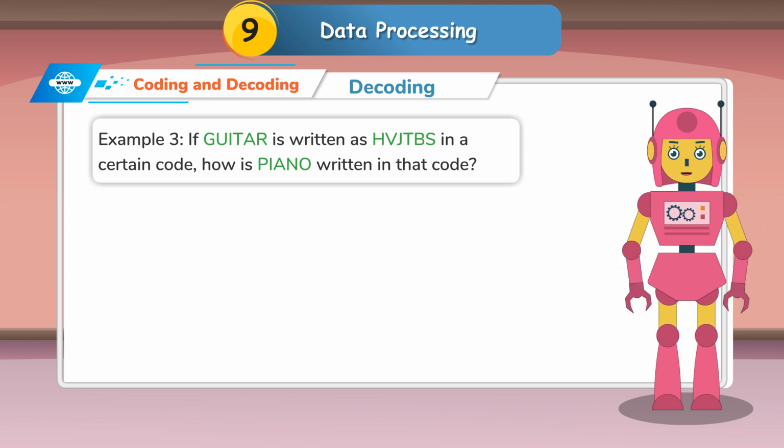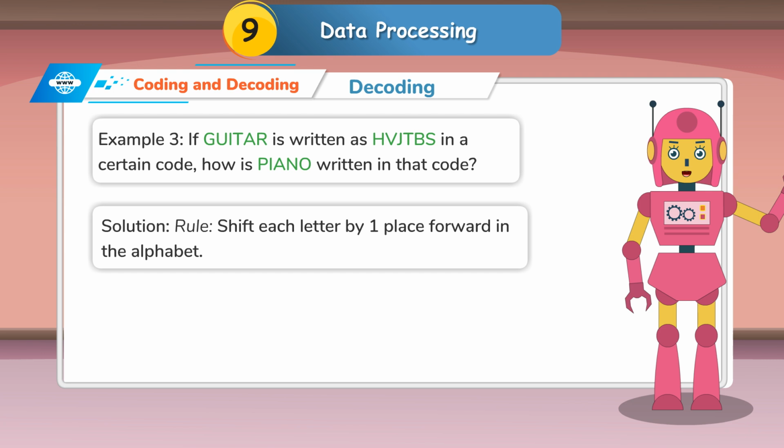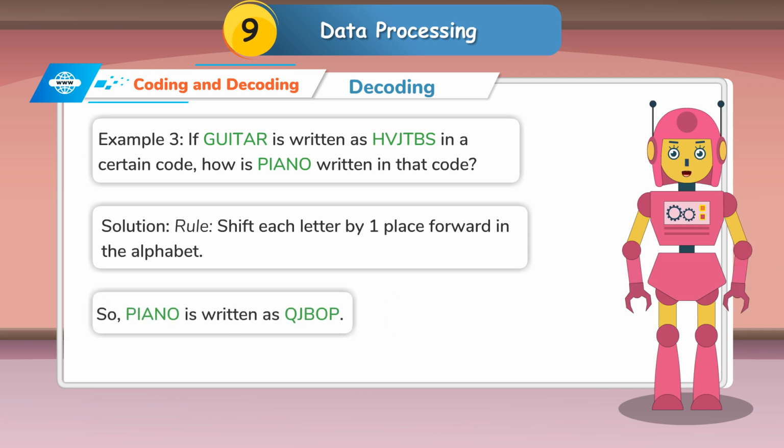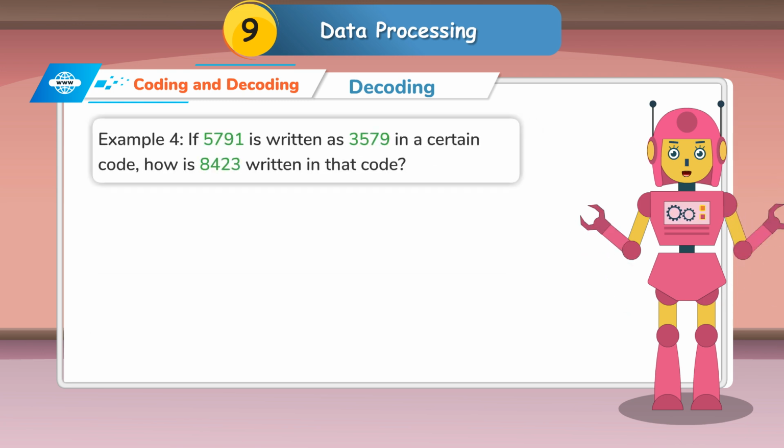Example 3. If guitar is written as HVJTBS in a certain code, how is piano written in that code? Solution rule: shift each letter by 1 place forward in the alphabet. So, piano is written as QJBOP. Example 4.